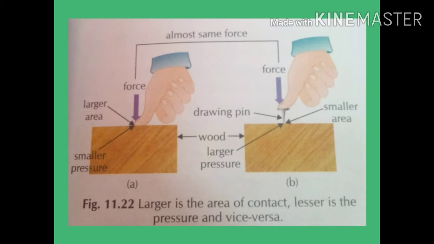Now we can conclude that pressure is the force acting on a unit area of the object. Or we can say P is equal to F upon A. Here P stands for pressure, F for force, and A for area.